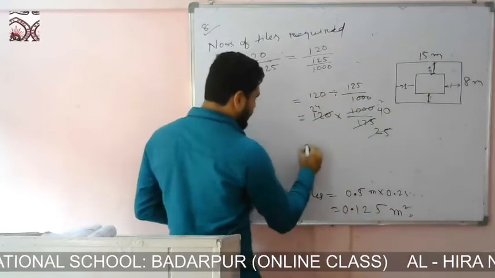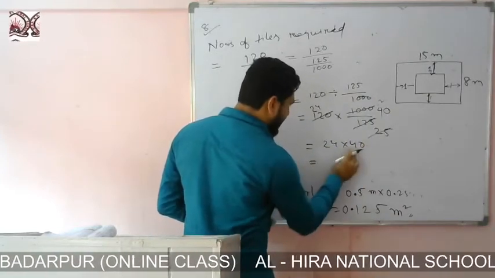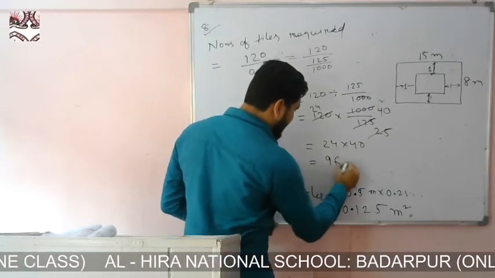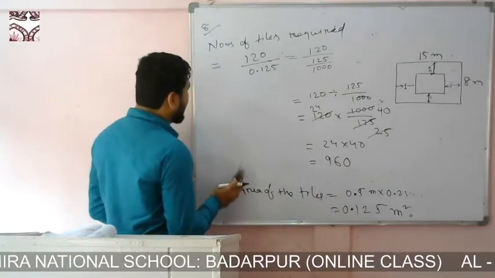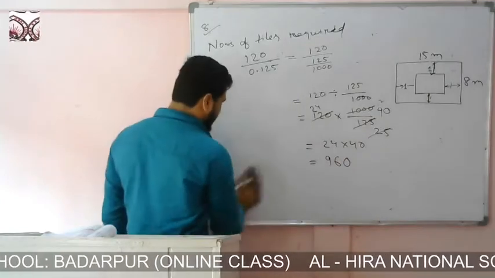So 40. So multiply 24 into 40. You'll get 960. Okay, 960 tiles. So the number of tiles required is 960.